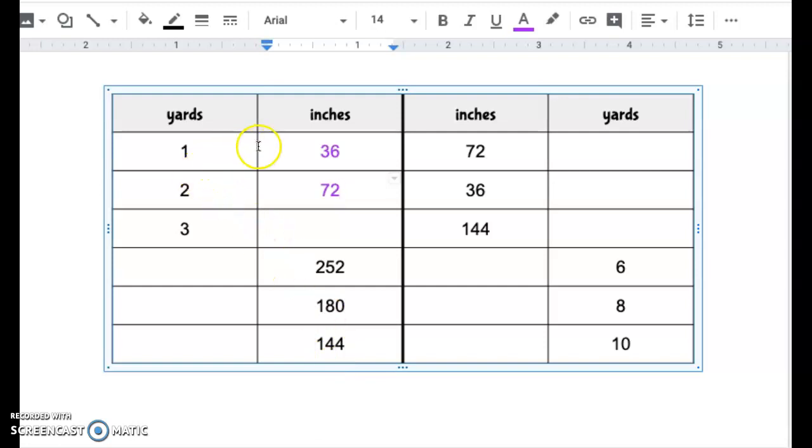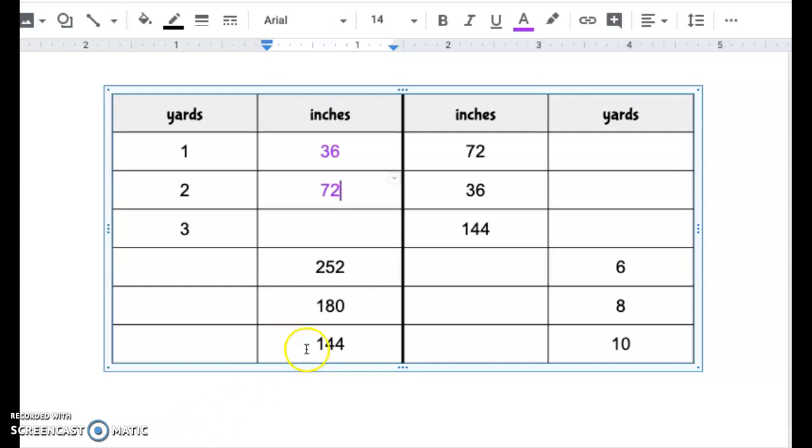If I was multiplying by 36 to go this way, I have to divide by 36 to go this way. So on probably some scrap paper, unless you're really, really good at it, you're going to, for example, take 144 divided by 36, and you will figure out how many 36s can I take out of there.